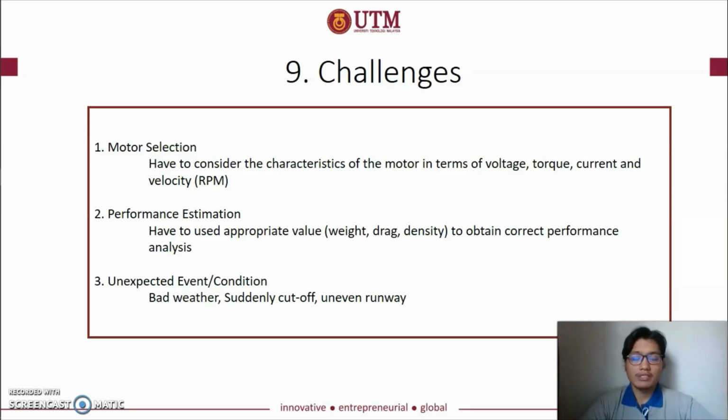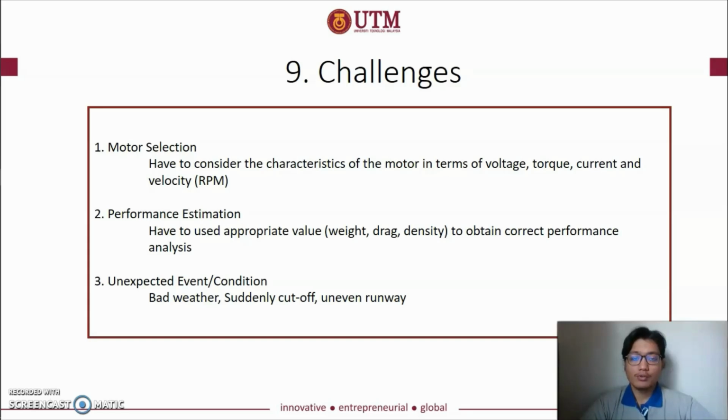For the performance analysis that was explained before by Azmed, which is takeoff, landing, thrust required, and others. The third challenge is unexpected events and conditions that can occur while flying our RC plane. Examples of unexpected conditions are bad weather, maybe heavy rain during our testing, and the engine suddenly cutting off.